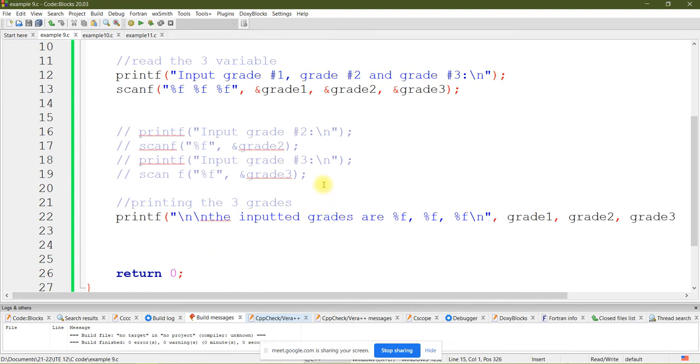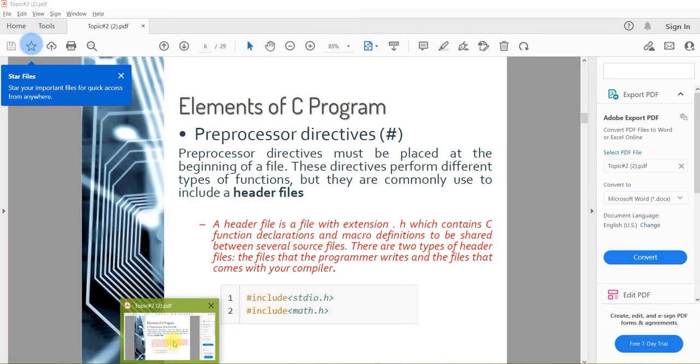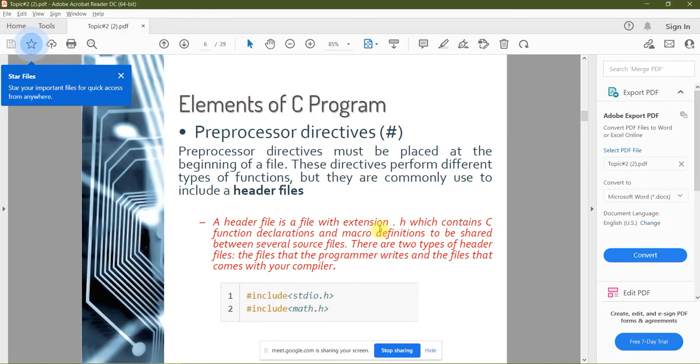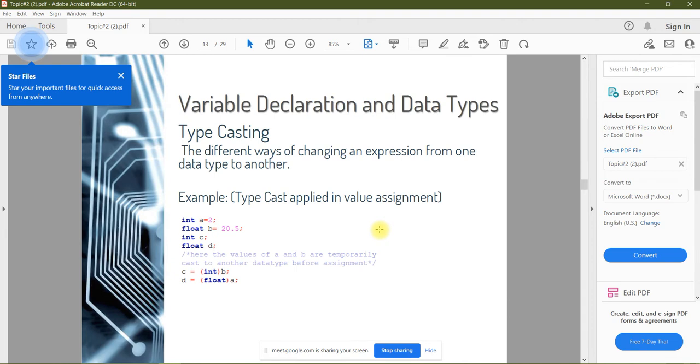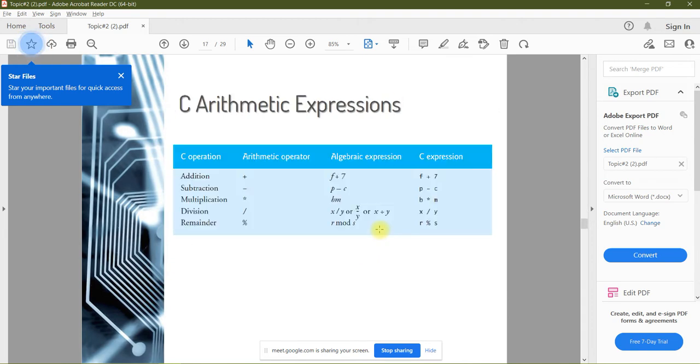Hopefully, you have grasped the concept of input and output in C. Now, let us proceed to arithmetic. Arithmetic expressions in C: we will try solving mathematical problems using C. These are the mathematical or arithmetic expressions allowed in C. We have addition, subtraction, multiplication, division, and of course the remainder.